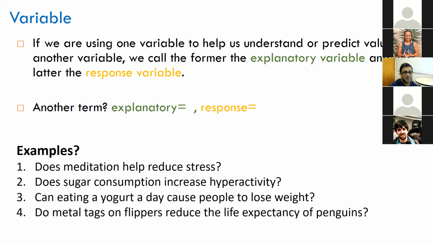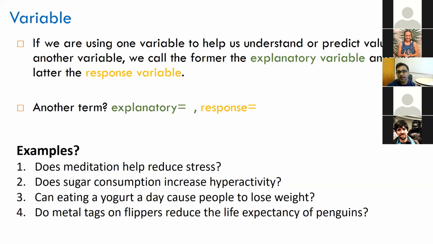But so does meditation help reduce stress? Is meditation the explanatory and stress the response? Yeah, because you measure the stress, right? So when you have a research question, first thing you need to understand is, what do you need to measure? The thing that you need to measure is your response variable or dependent variable.